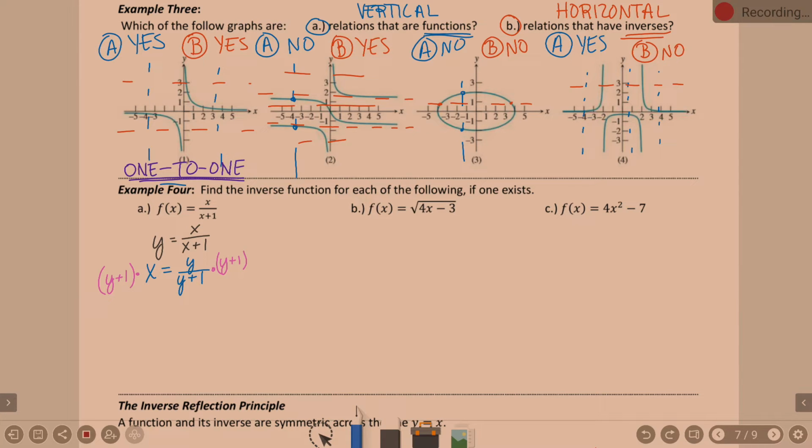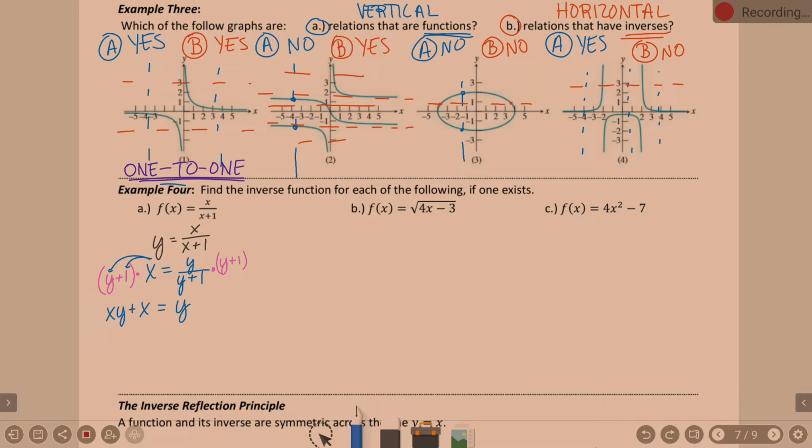On the left, when I multiply y plus 1 times x, let's go ahead and multiply. How do we multiply x times y plus 1? Yeah, go ahead and distribute. X times y is xy plus x times 1 is x equals.